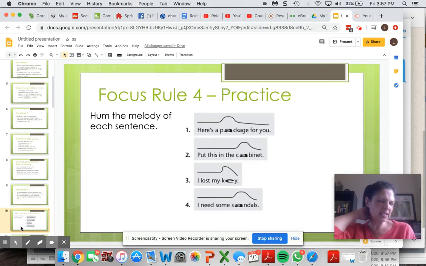So let's practice first by humming the melody of the sentence. Do you know the word hum? That's humming. Let's practice first by humming, because we're going to go pitch change up and down on the sentences, on the focus words within the sentence. Number 1.